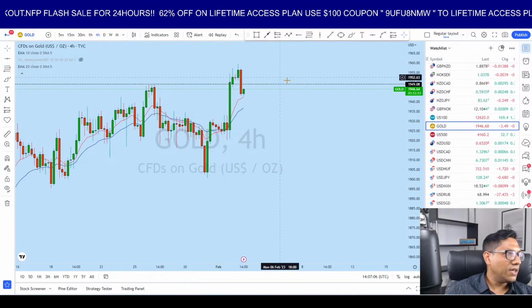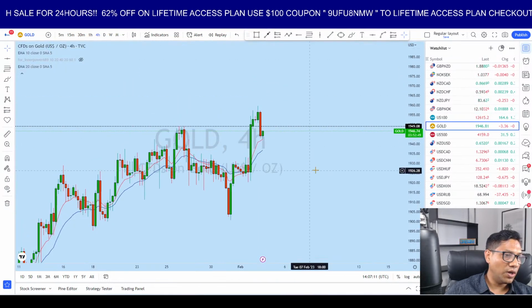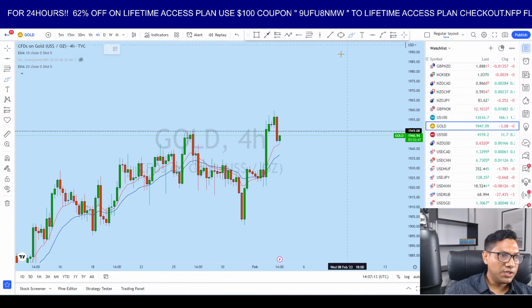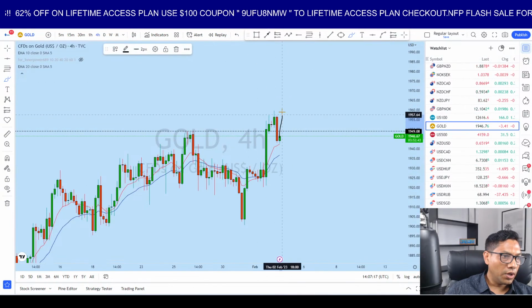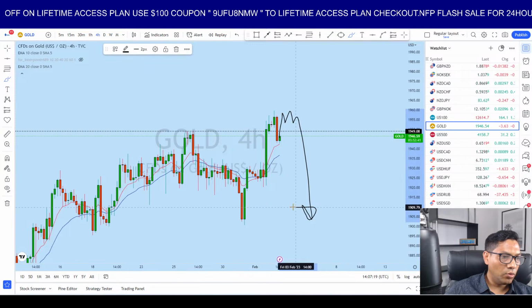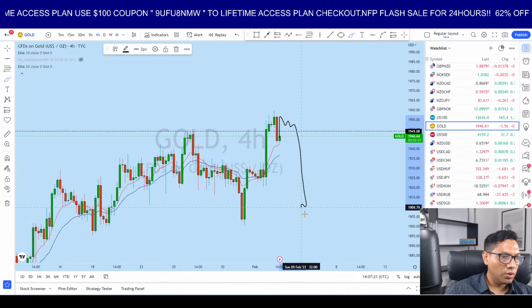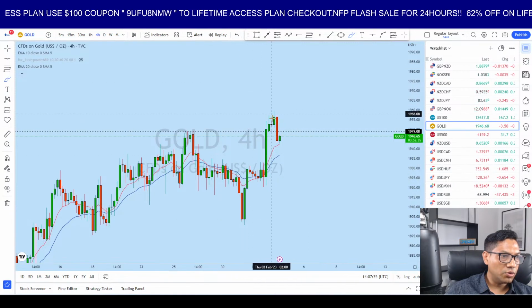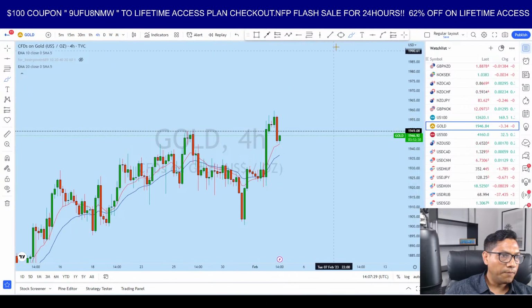So once you see, for example, gold, as I mentioned, that if DXY is reversing, and if we see that gold has created a double top, or any kind of pattern, then we can expect gold to drop from here. You could see that there's a double top here and then a drop.